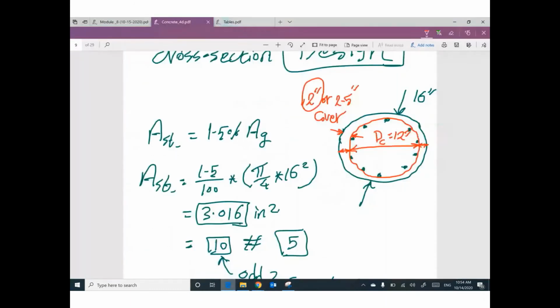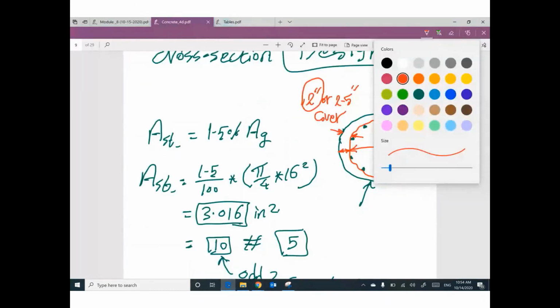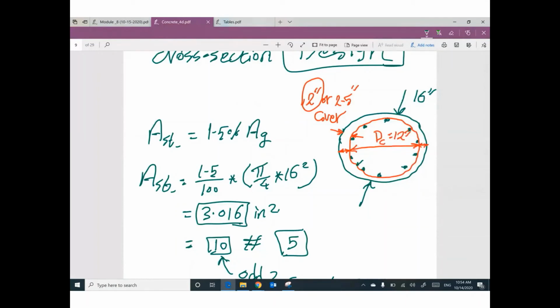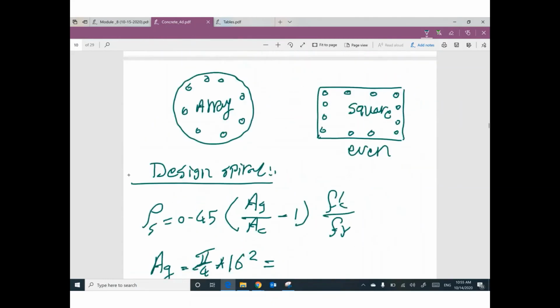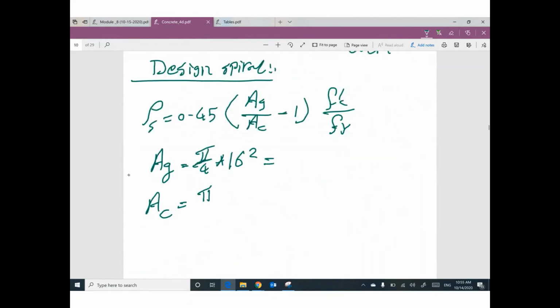Okay, it's a good point, but we are looking for what is the diameter here. So we are going to assume probably the clear cover is 1.5 inch. So I increased it to be 2 inch to include what you are talking about. These numbers are assumptions. So the area C will be π divided by 4 times 12 squared.